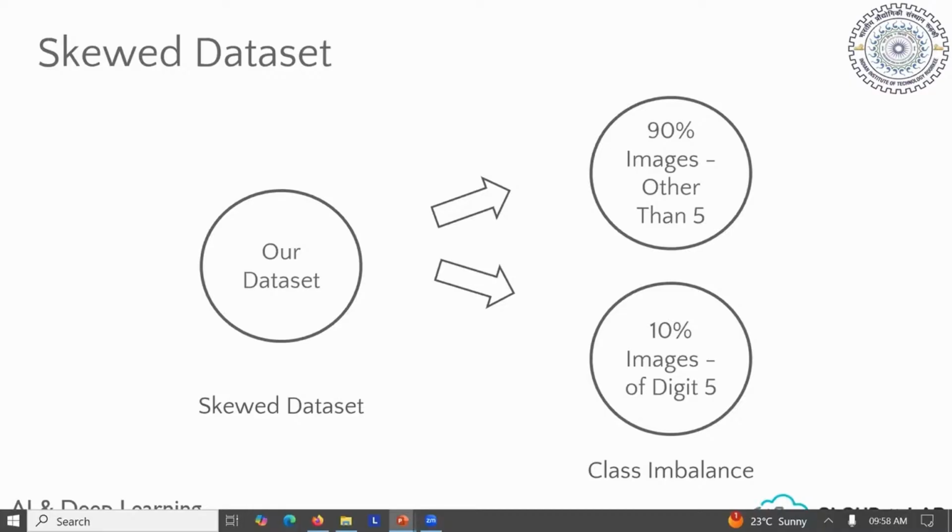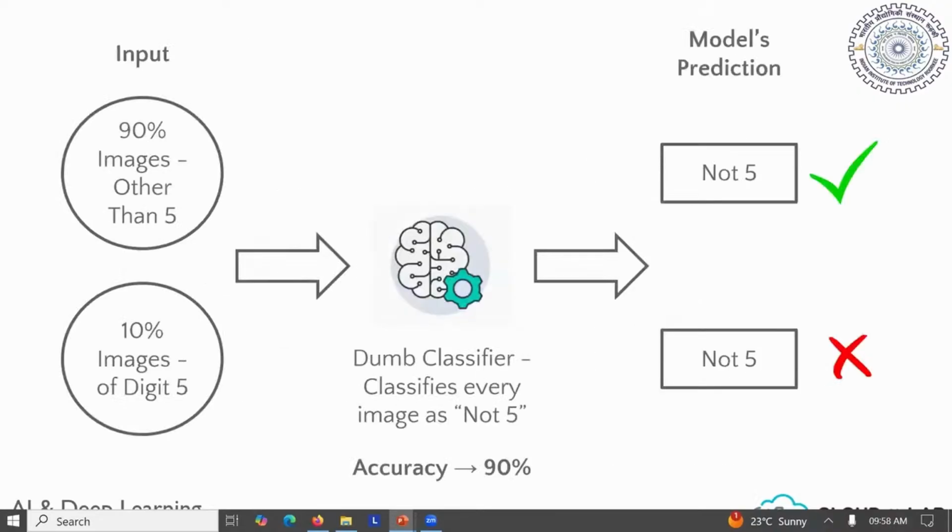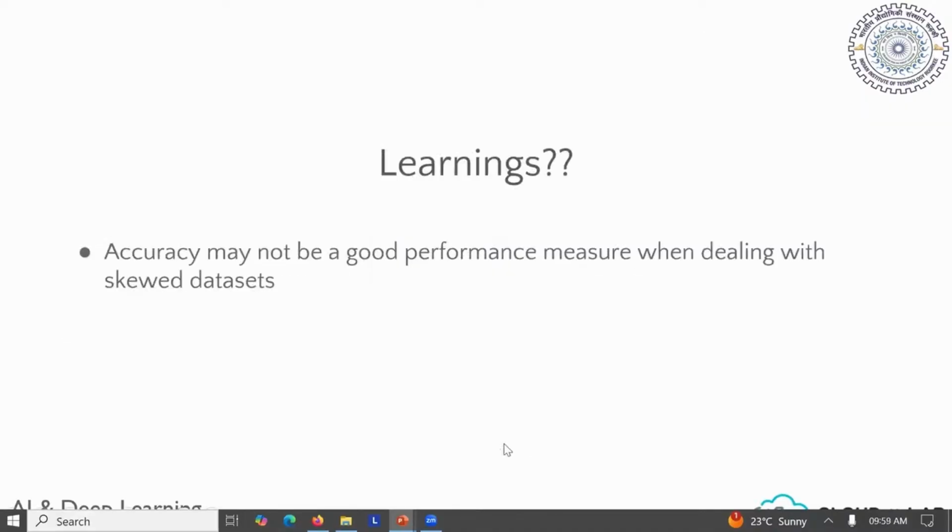You can use accuracy, but with accuracy we should also use some other performance metrics, right? Yes, so this slide I have already covered. Even with this dumb classifier, we can achieve 90% accuracy. So accuracy may not be a good performance measure when dealing with skewed data sets, right?